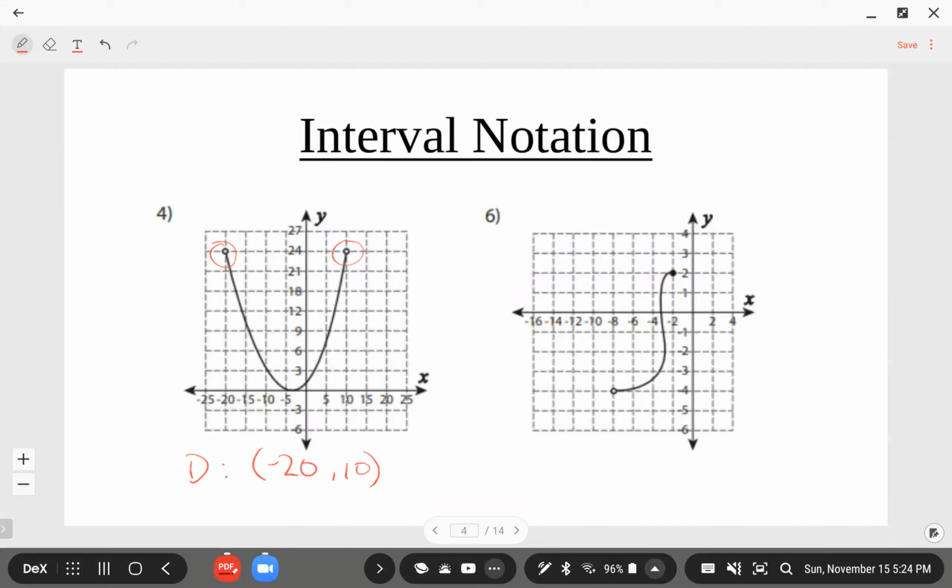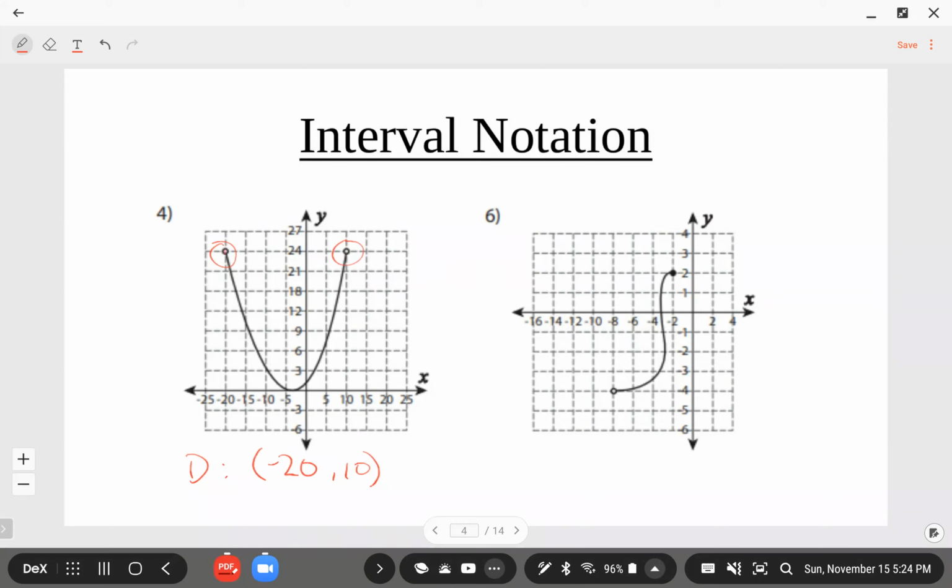Let's say these were arrows. If these were arrows, then these ends will extend to infinity, and infinity is not even possible to be on this graph. So if these were arrows, we would also use parentheses.